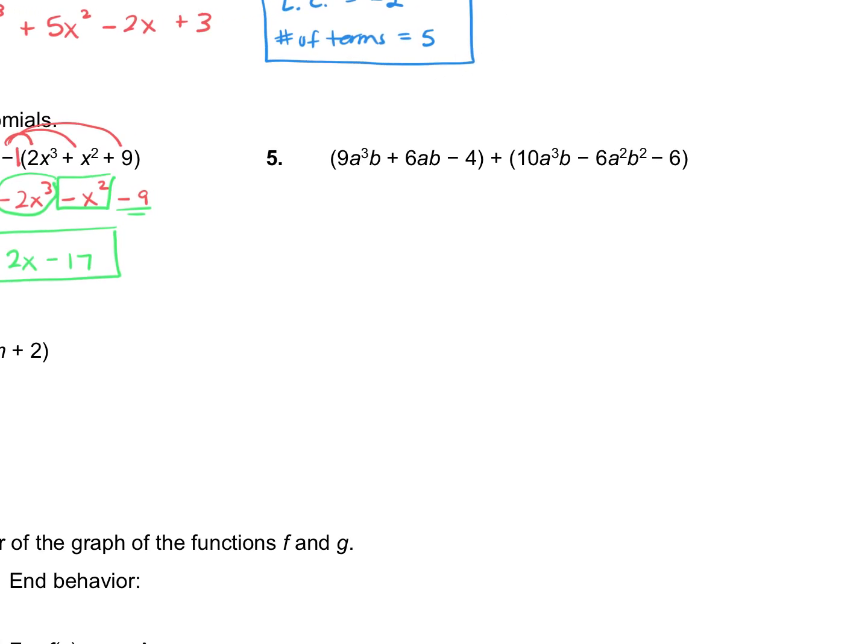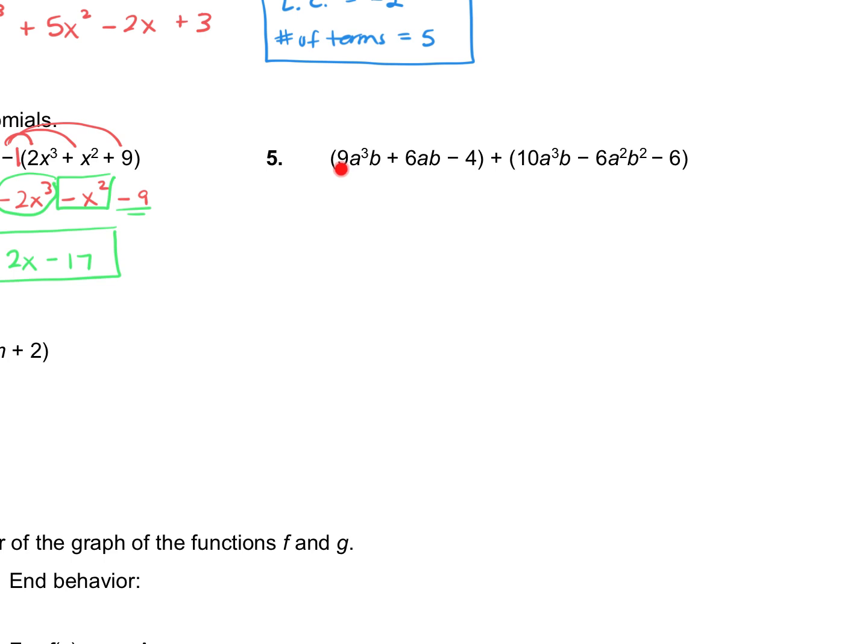Number 5, this is an addition problem. We do want to make sure we're noticing the operation in between our two polynomials. So when we are adding polynomials, we're just adding like terms. And when you have multiple variables, it's the variable combination that has to be exactly the same for us to add those together.